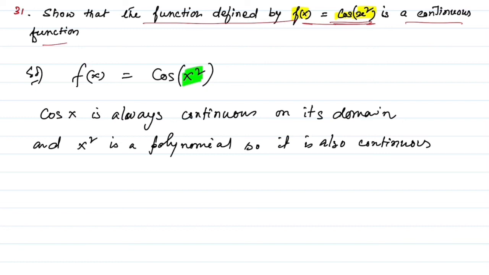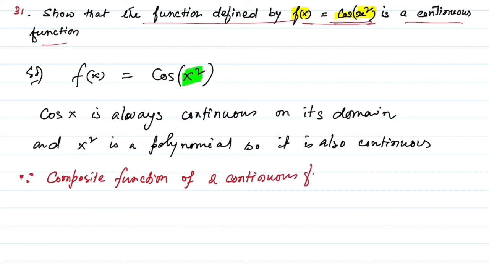Now you see, the given function is a composite function of two continuous functions. We remember one more thing, a composite function of two continuous functions is also continuous.